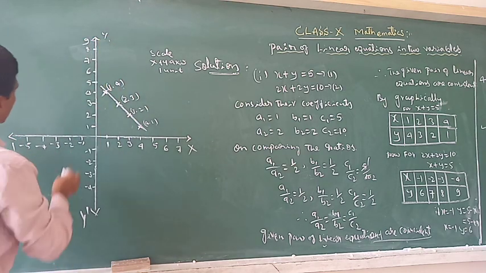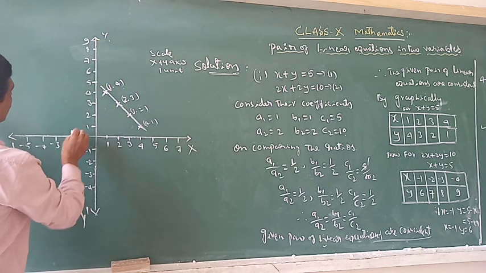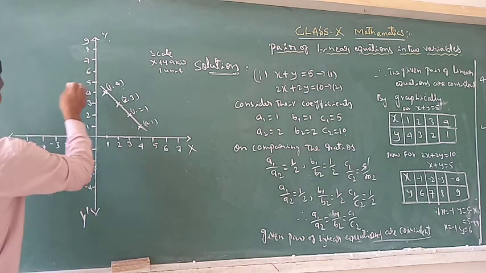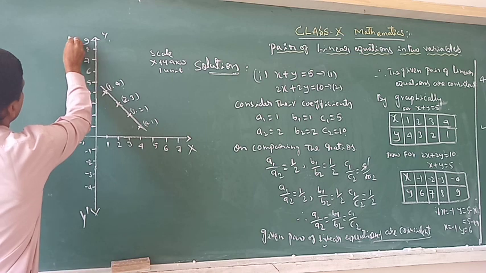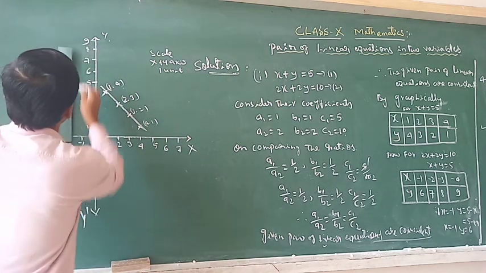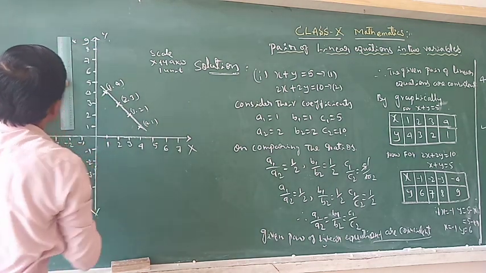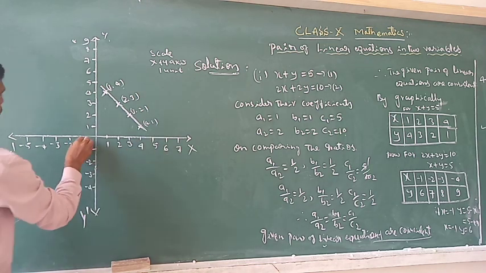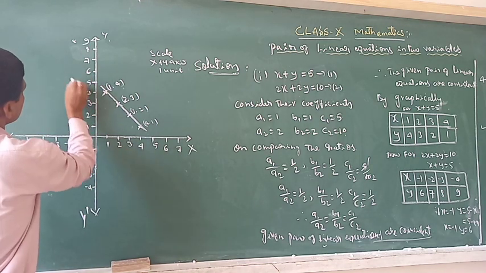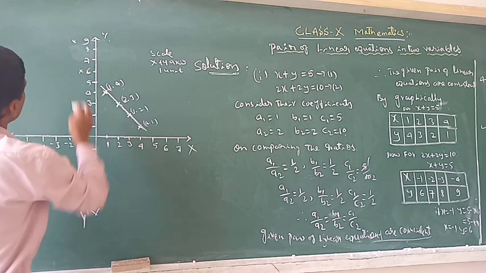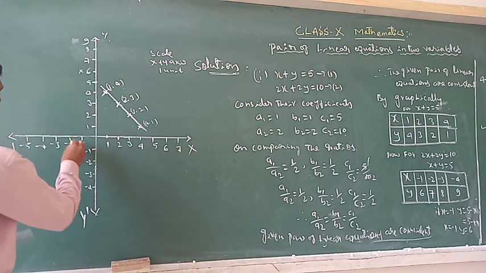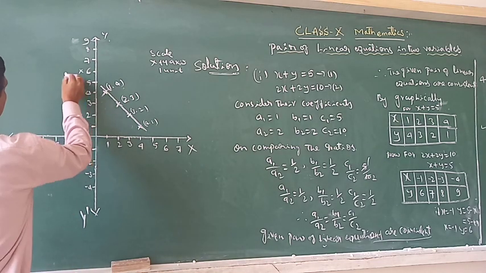Here minus 1, it means minus 1 to 9. Next term, minus 1 to 6 here. First term, minus 1 to 6 means here. Minus 2 to 7.